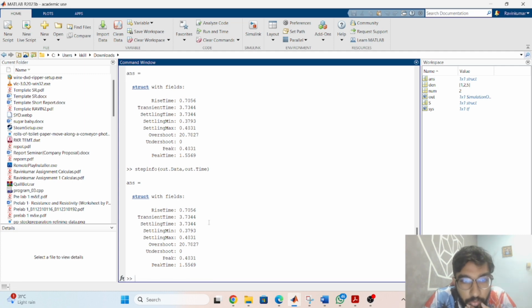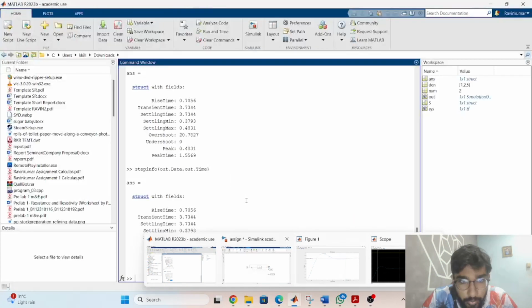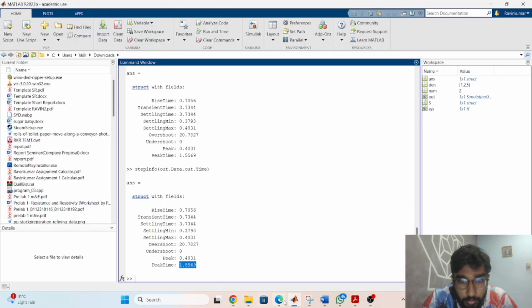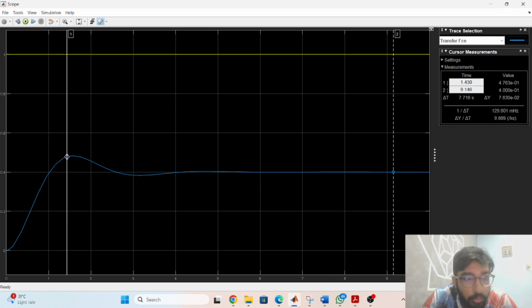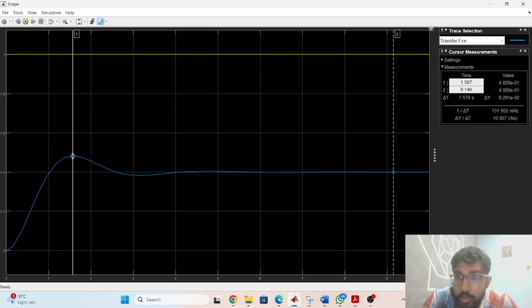So we will obtain all the information we need, which is settling time, overshoot, peak time, and everything. So it's already there. So you just have to, let's check whether the peak time is correct or not. So yes, I think so. It's correct.